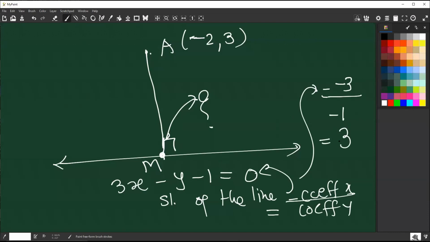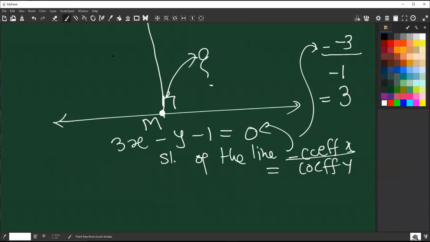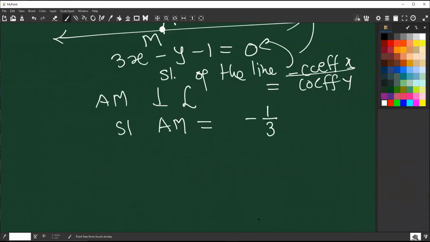So slope of the given line is 3। AM is perpendicular to the given line, so what will be slope of AM? Bolo, slope of AM, negative reciprocal of that line, -1/3, correct?